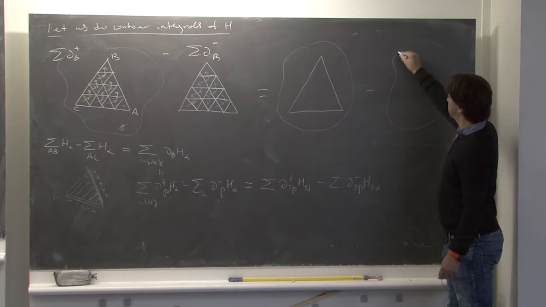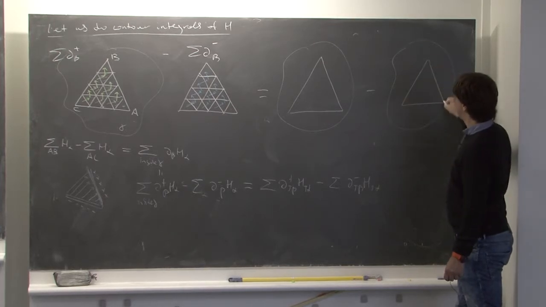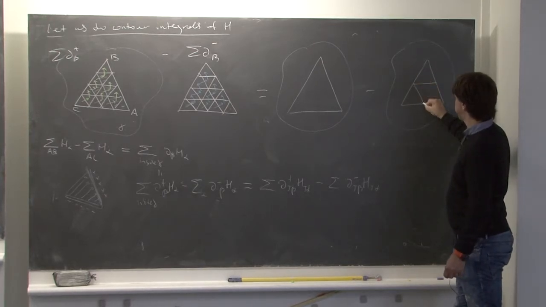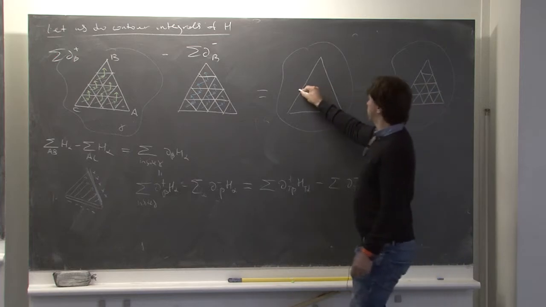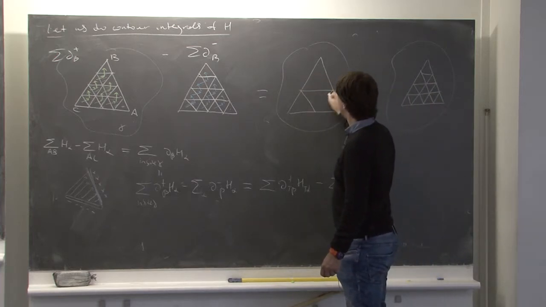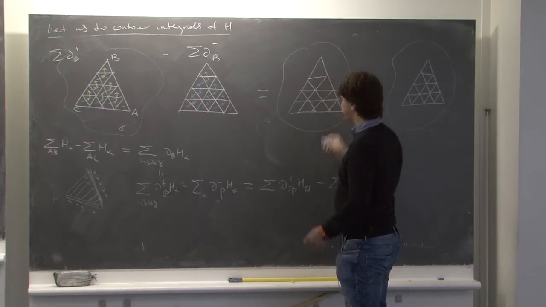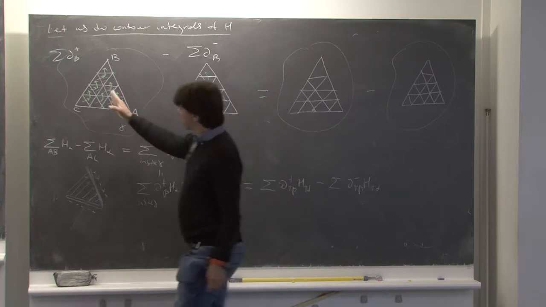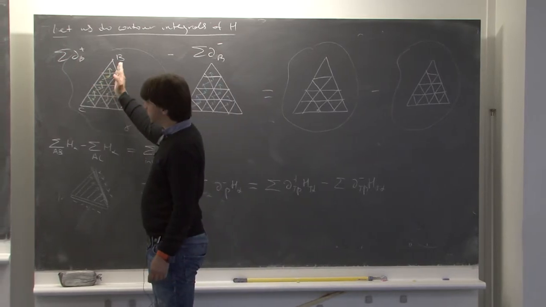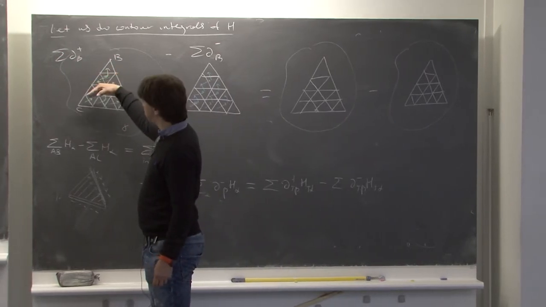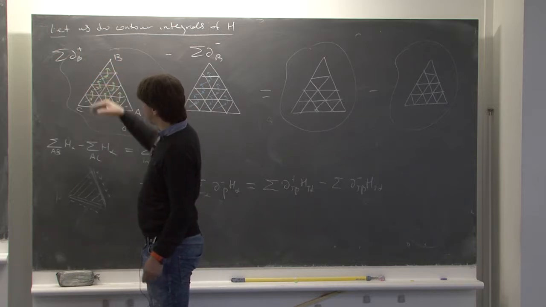And let's just check on our picture what happens. So these vectors basically get rotated 120 degrees to the left.